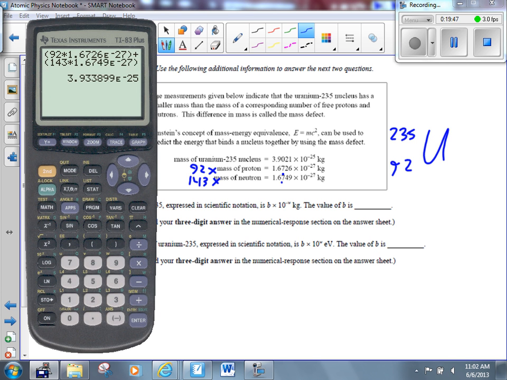That's going to give us 3.93. Did I make a mistake there? What have I done wrong there? Oh, I see what it is. I said 1.6726. Oh, that's what it is, yeah.